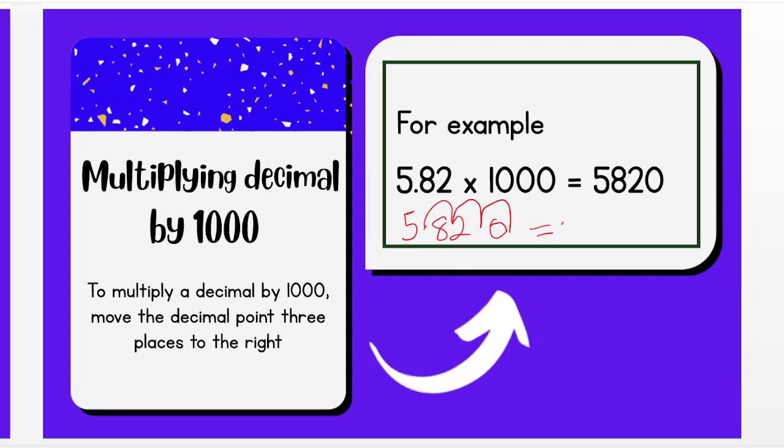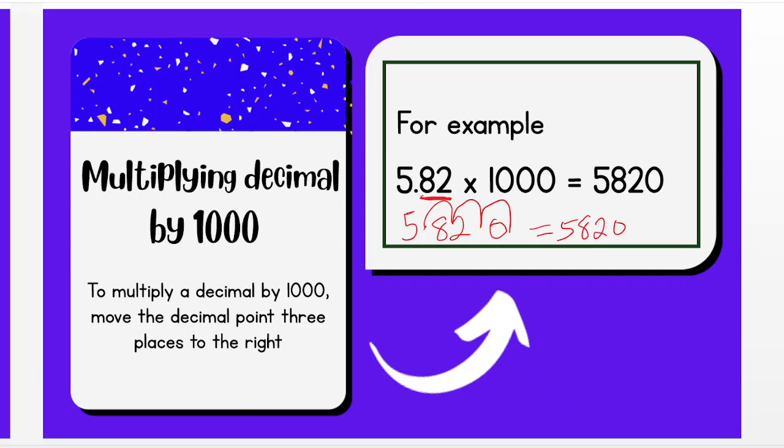So that's why it's going to be 5820. Because we have two decimal places here, 2 digits after the decimal point, to make it 3, we add 0. So that's why we have it to be that. I believe this is very clear to you. All right, that is that on multiplying decimals by powers of 10.